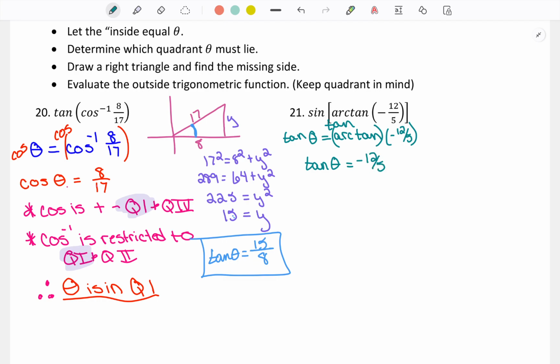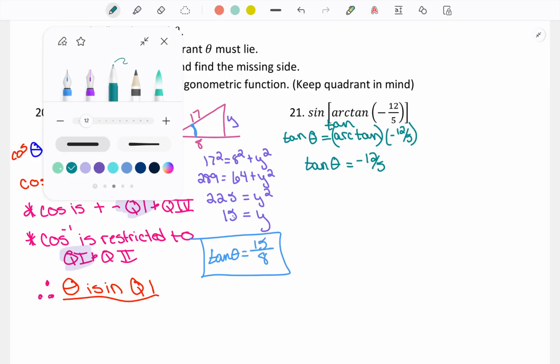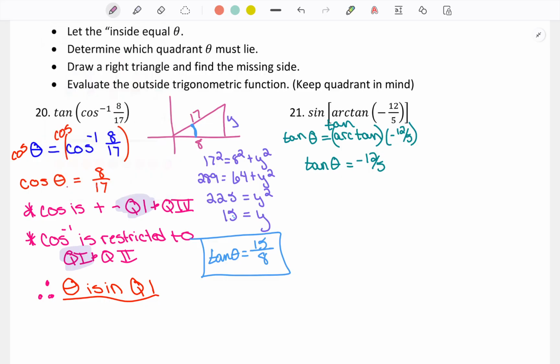And since tangent is negative, we know two things. Tangent is negative in quadrant 2 and quadrant 4.